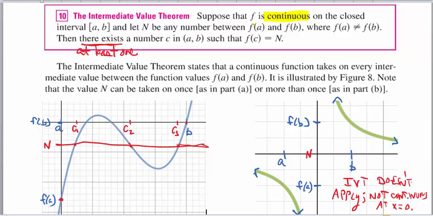Right? So I can't apply the intermediate value theorem in this case because it's not continuous.